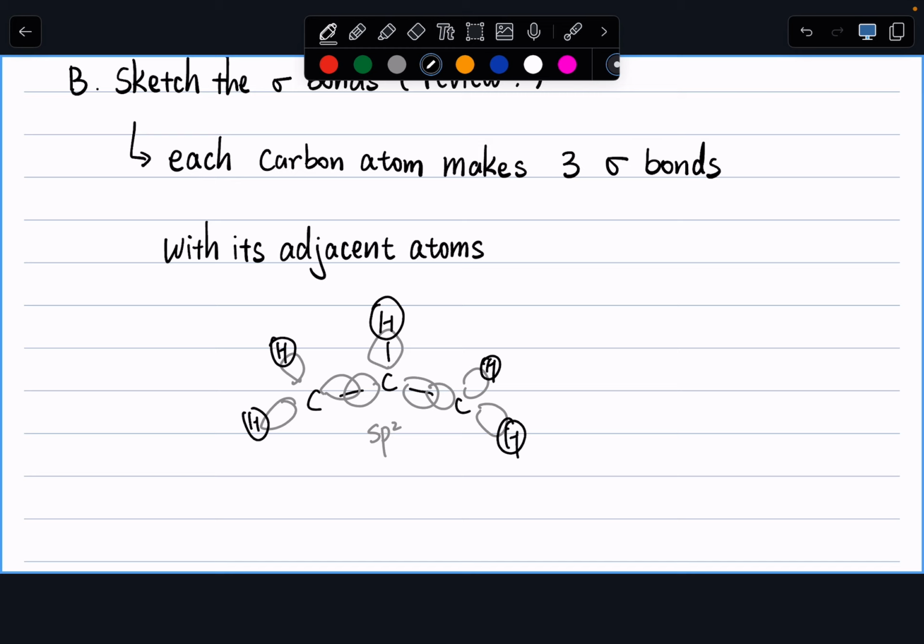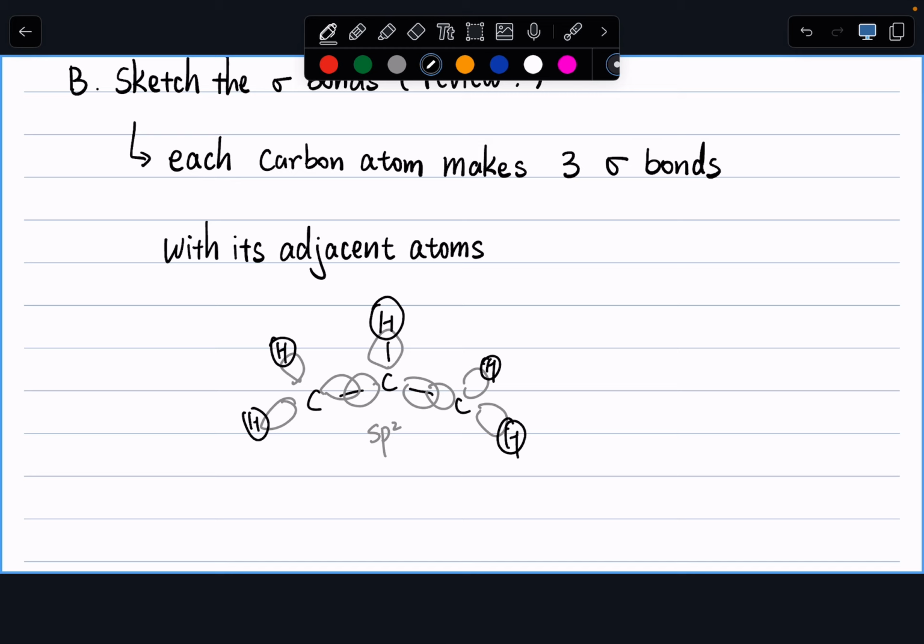So that's the skeleton of my sigma bonds. Each carbon has 3 sp2 hybridized atomic orbitals to make sigma bonds with either hydrogen or its neighboring carbon. So that's our sigma bonds.